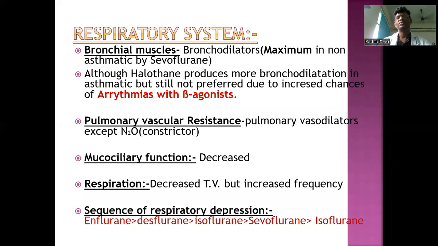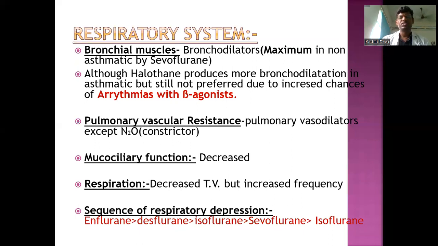In the respiratory system, on bronchial smooth muscles, it causes bronchodilation, maximum in non-asthmatics by sevoflurane. Although halothane produces more bronchodilation in asthmatics, it is still not preferred due to its increased chances of arrhythmias with beta agonists. Pulmonary vascular resistance: it causes pulmonary vasodilation except nitrous oxide.